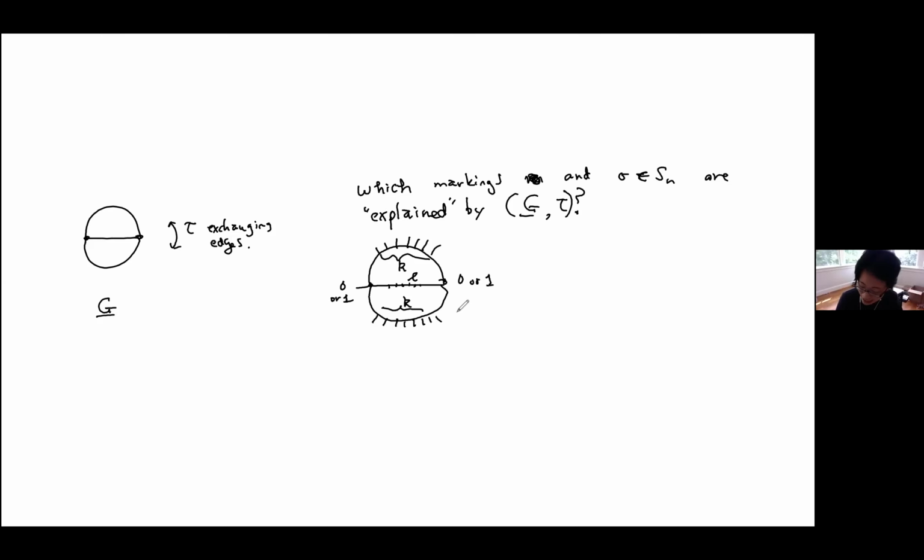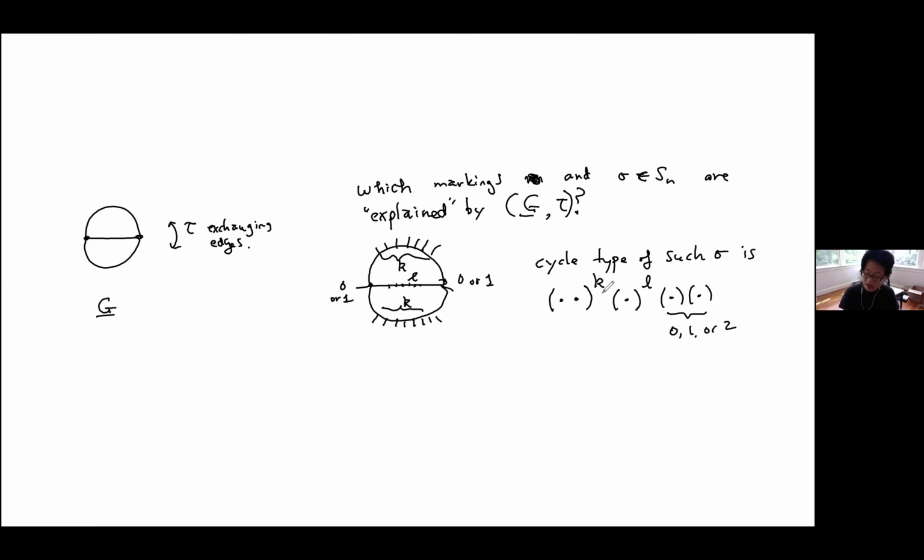So you see now the cycle types are constrained. The cycle type of such a sigma, in this particular example, is: I have length 2 cycles, exactly K of them, and then I have L fixed points, and then either 0 or 1 or 2 additional fixed points for the vertices.